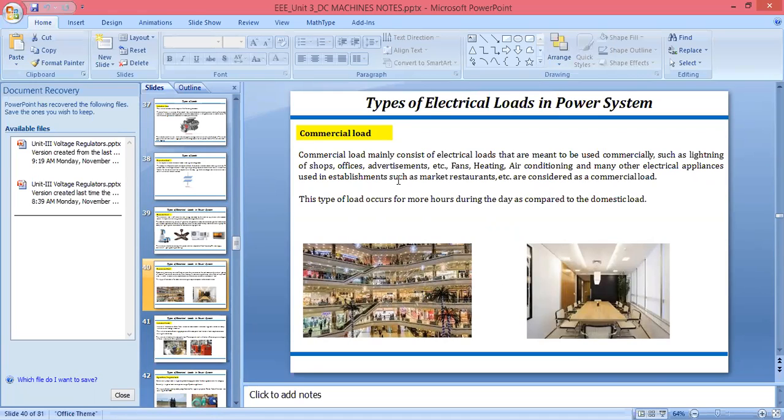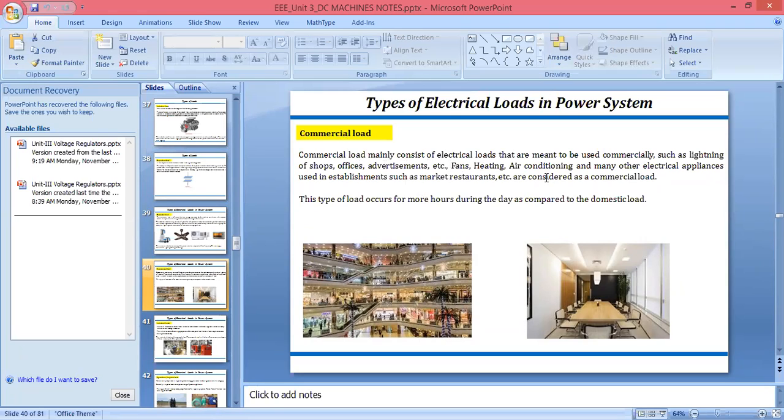These devices we are calling commercial loads. So we can say these devices can be used in the market, restaurant, offices, and shops, and these are considered commercial load because we can use these loads commercially.